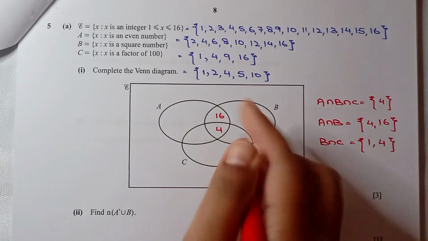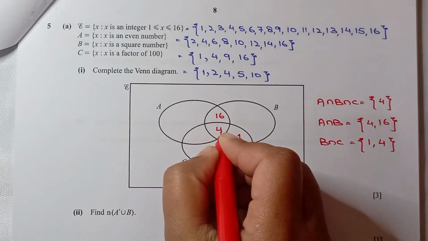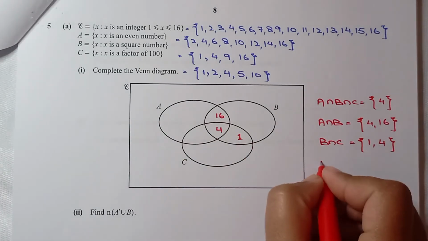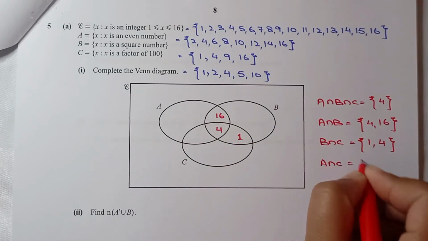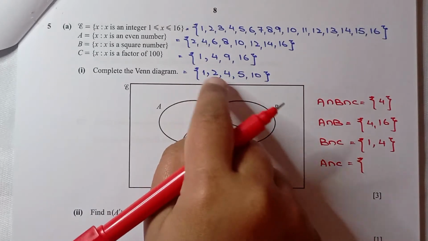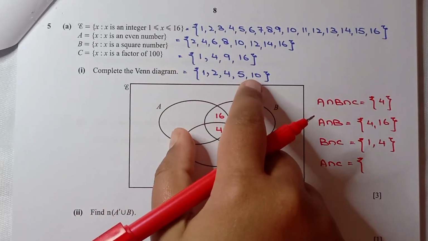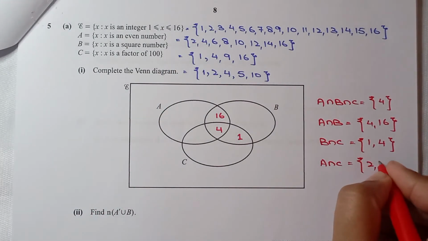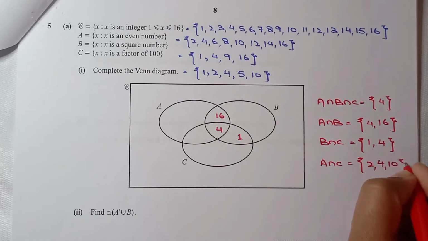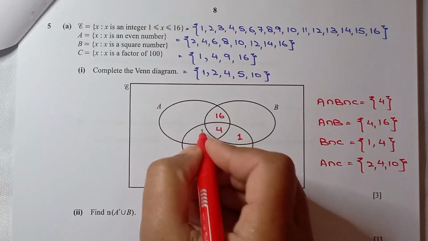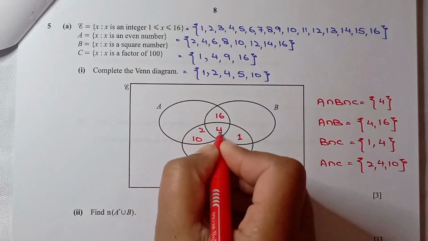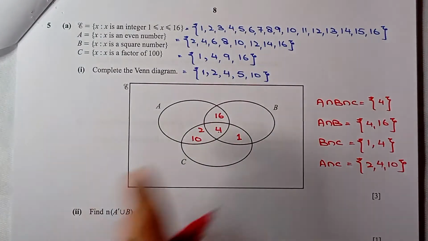So B and C, 1, and we have 4 already written over here. Now what is A intersection C? With A, 2, 4, 10. So A and C is 2 and 10. 4 is already written.